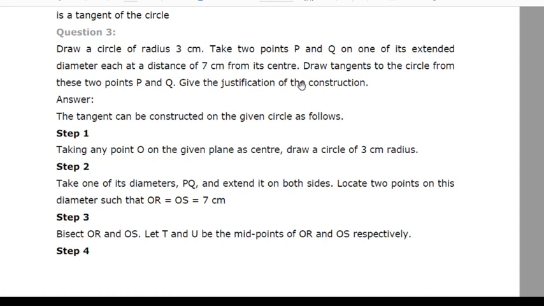Okay, draw tangents to the circle from these 2 points P and Q. Give the justification of the construction.